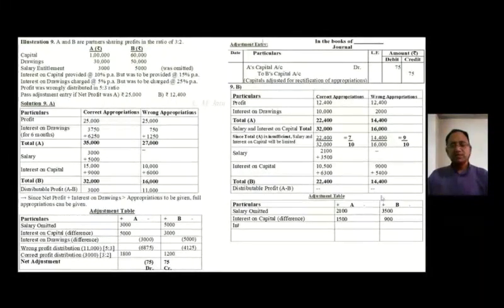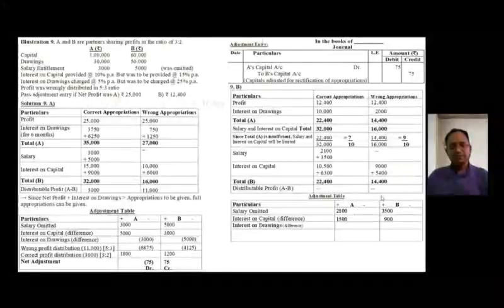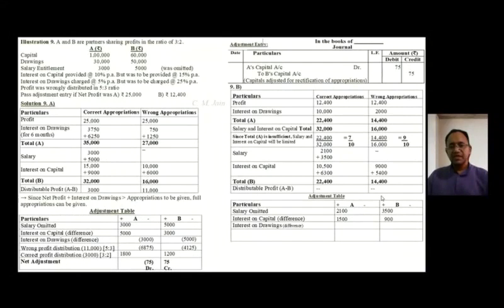Next will be the difference of interest on drawings. See, interest on drawings amount is not limited because this is the amount the firm is charging from them, not giving to them.